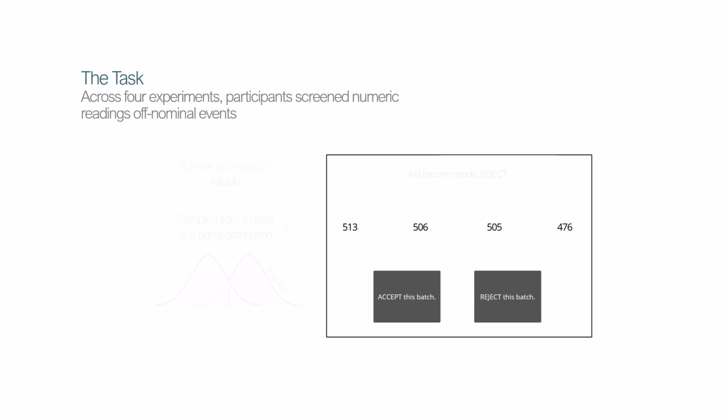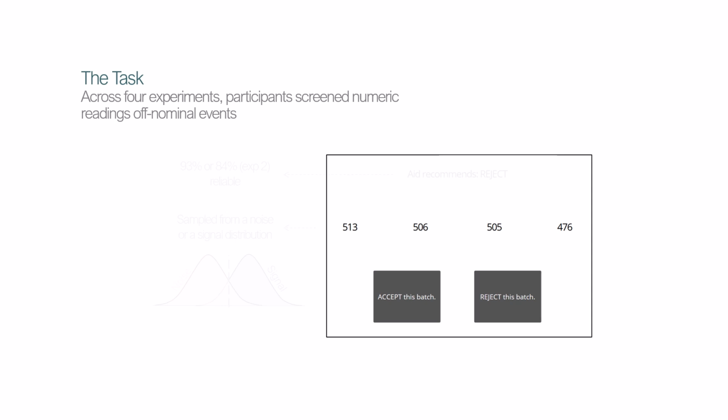Here we have a sample unaided trial from experiment 1. We gave them a numerical signal detection test where they sampled 4 readings each trial. The cover story is that these readings were indicative of levels of contamination for chemical batches, and participants' job was to decide if they should reject the batch or keep it. We told them that generally when the batches were contaminated, they would yield readings above 500, so in that case they should reject the batch.